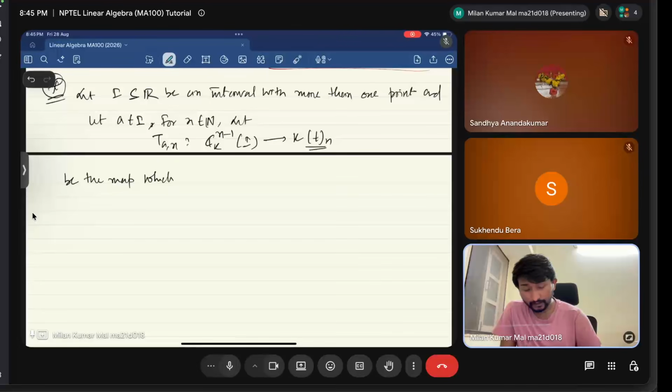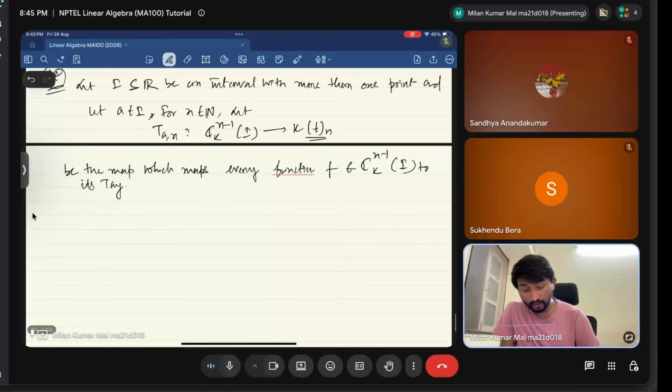which maps every function f, that is an n minus 1 times differentiable K-valued function defined on I, to its Taylor polynomial of degree n.